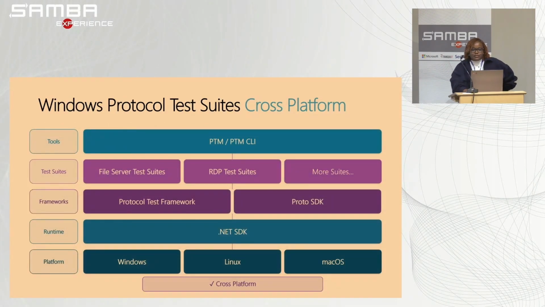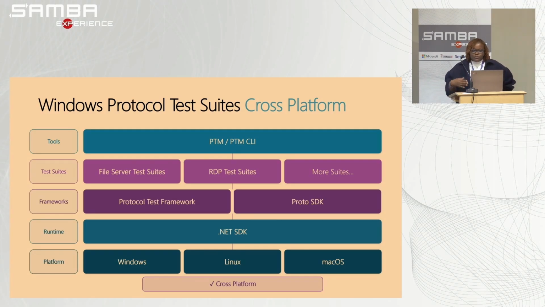So the test suites are fully cross-platform. You can run them from Windows, Linux, or macOS. They're built on .NET, and what I want to call out here are the two framework components in the middle row that make everything work. The first is the protocol test framework.